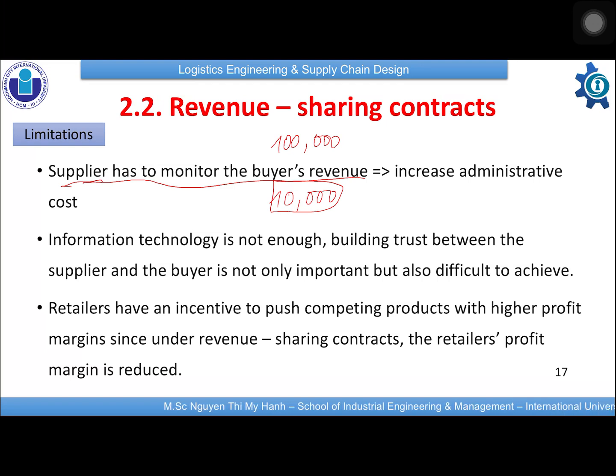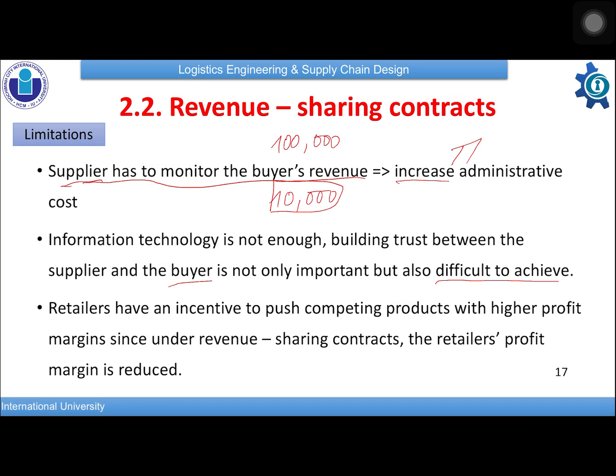So the supplier has to monitor it, and it means the administrative cost will increase. Another limitation is that information technology is not good enough, so building trust between the supplier and the buyer is not only important but also very difficult to achieve.